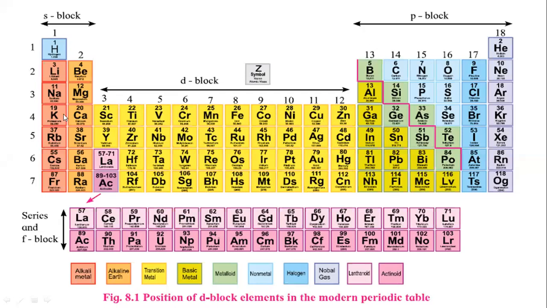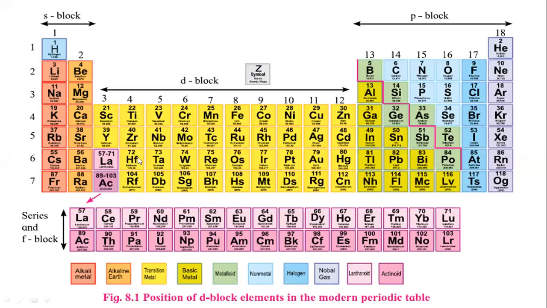So this is a 3d series because electron enters in 3d. So this scandium to zinc, this is called as 3d series. Then yttrium to cadmium, this is called as a 4d series because the electron enters in 4d orbital. Remember, if you write the electronic configuration of this scandium, yttrium, then I'm coming to this 3d, 4d, 5d series. 5d series, remember one thing, it starts from lanthanum and it ends with mercury.